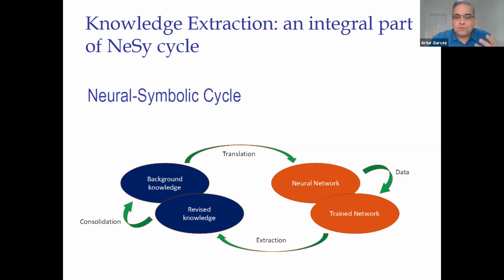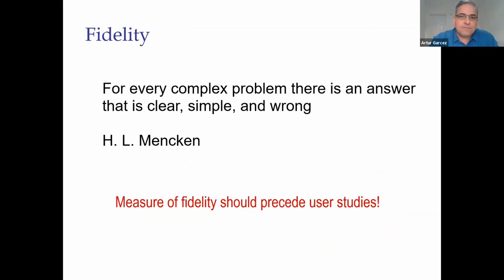And it allows us to try and measure the knowledge that has been extracted with respect to the performance of the network. So this step is then measured through the concept of fidelity. So this is the accuracy of the symbolic representation with respect not to the data, but to the trained model, the neural network. So this is what early on was referred to as fidelity.